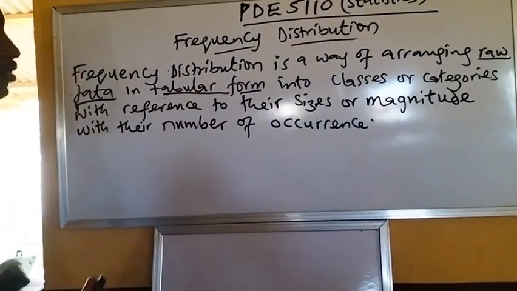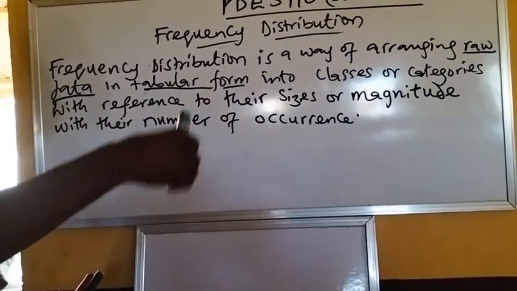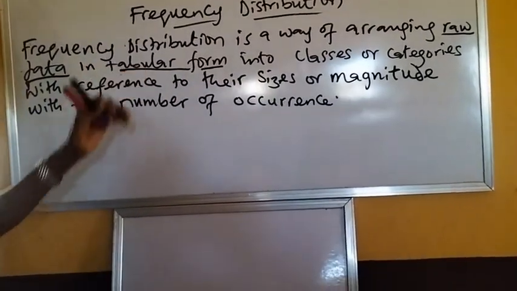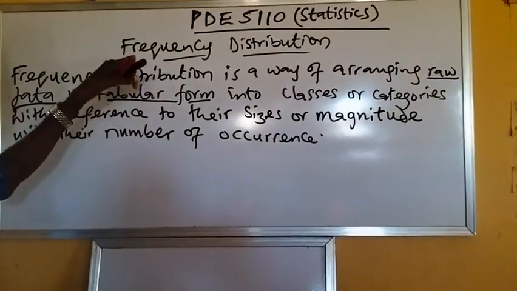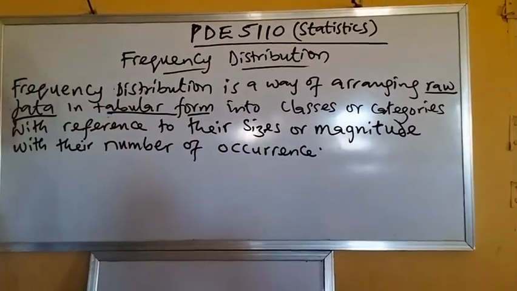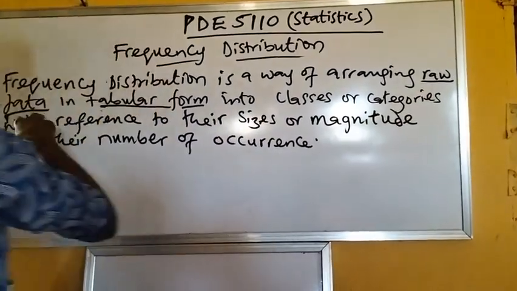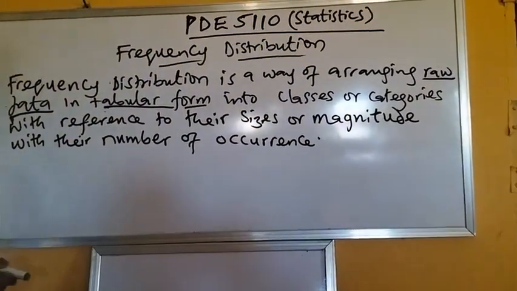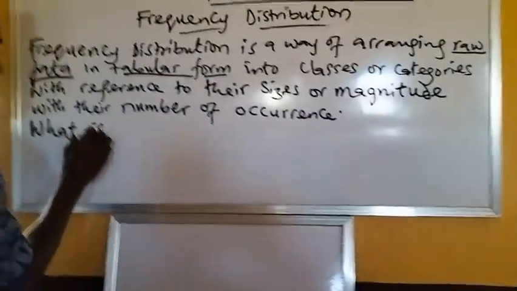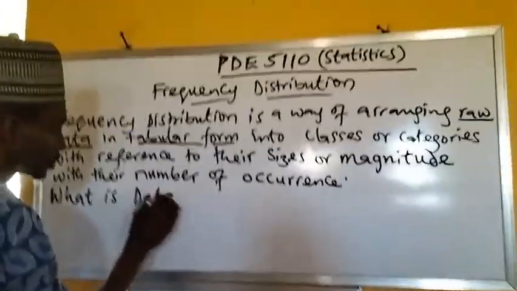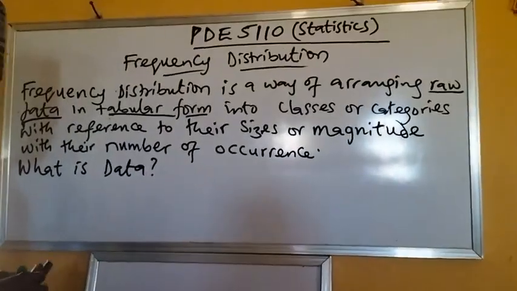To you, how do you understand what we are saying here, the explanation about frequency distribution? Now, this takes us to what data is. What is data?